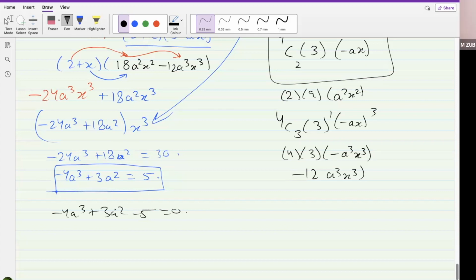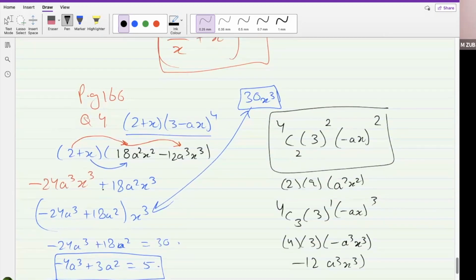It shouldn't have been this way. It should have been easier. Let me check if we made any mistake or not. This is 4c2 and A and B. So first is positive 4c2.